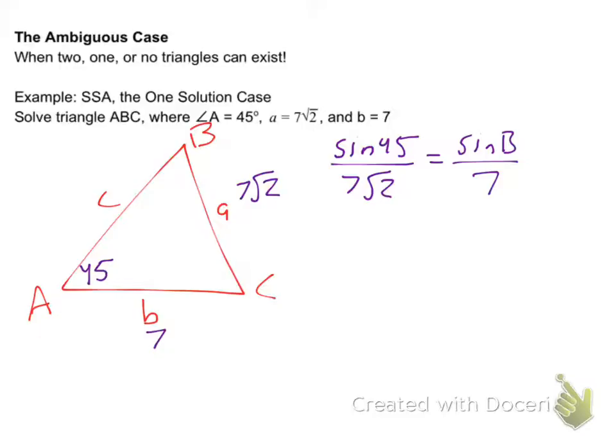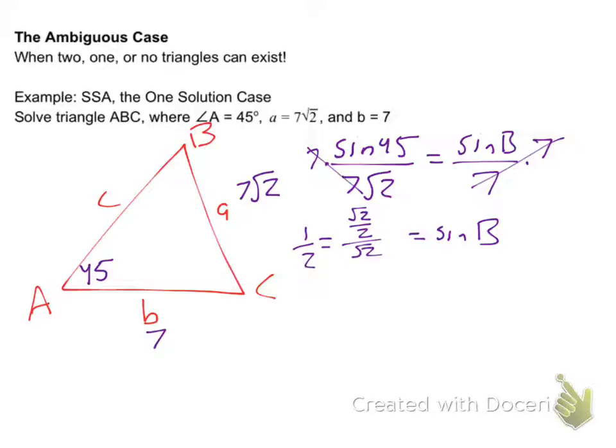I could just multiply both sides by 7. And when I do that, the 7's cancel on both sides. That's quite nice. So I get sine of B is equal to the sine of 45 divided by square root of 2. Wait a minute. Isn't that the square root of 2 over 2 divided by square root of 2? Which actually becomes 1/2.